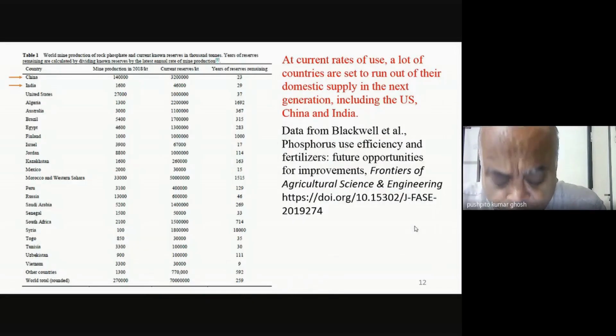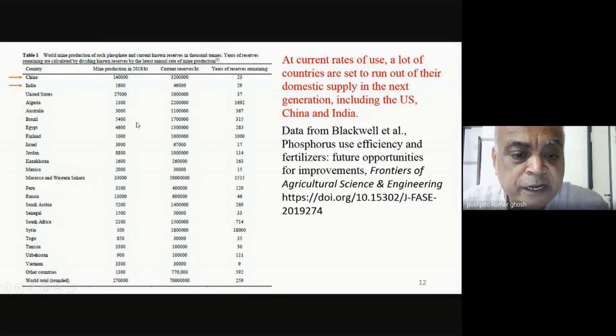Just so that you know what the situation is today. This is data from around 2018, what was mined, and that's where I got my figure of 270 million tons.